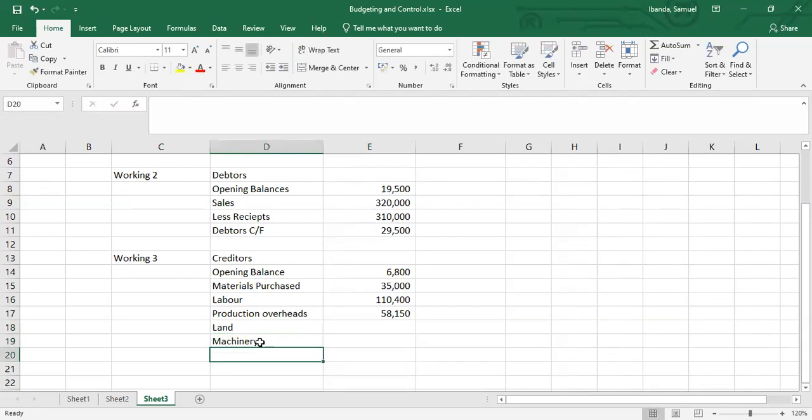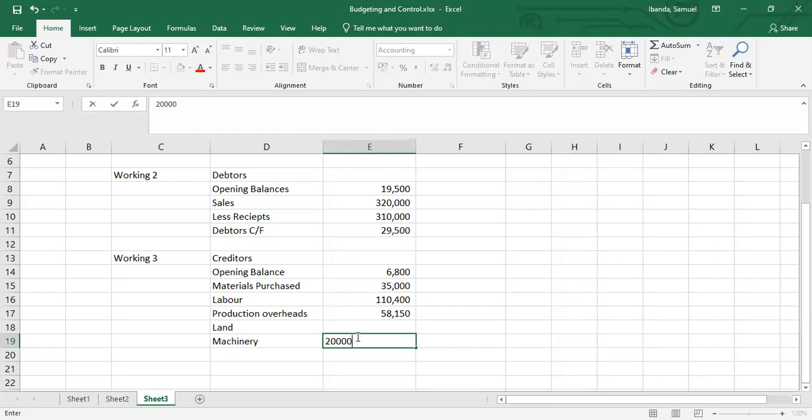So we have land and machinery. For machinery, the statement says a machine costing 20,000 is to be installed on 1st October 2015. So I'm going to first consider the machinery here. And mine is now to also look at land, which they say is at 10,000 cost.